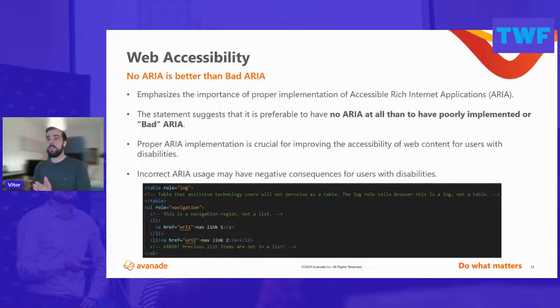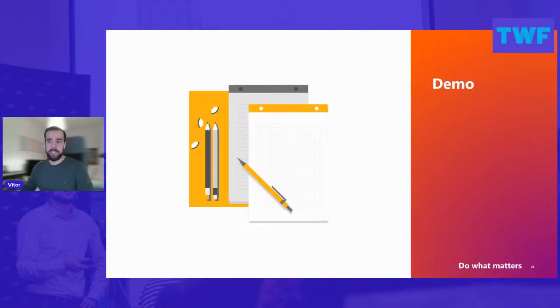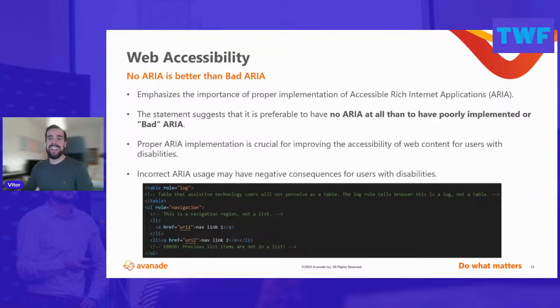Slide 23. Also, very important is that sometimes when we try too much, putting too many ARIA elements and things like that, we essentially might be doing worse than just the simple semantic HTML that we have there.